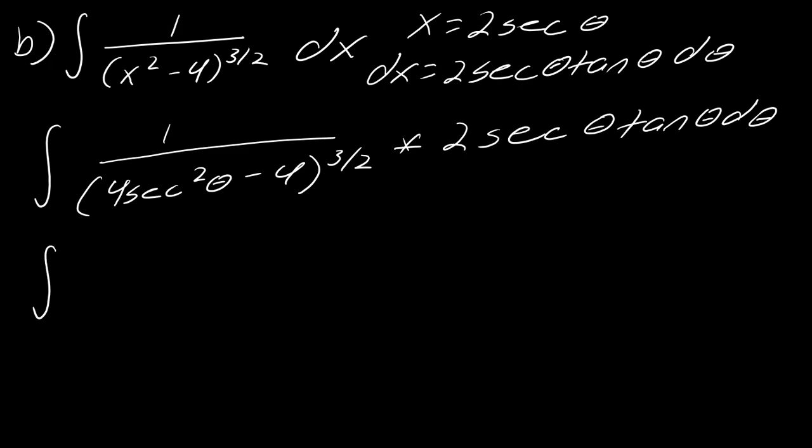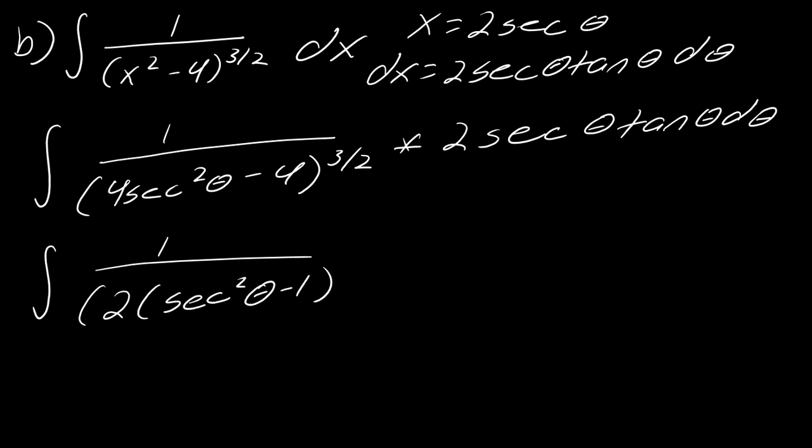So now I can take, this will be 4 times (secant squared theta minus 1) to the 3 halves. And I'll write this other stuff on top: 2 secant theta tangent theta d theta. Oops, sorry, I wrote 2 here. I should have written 4, my bad.